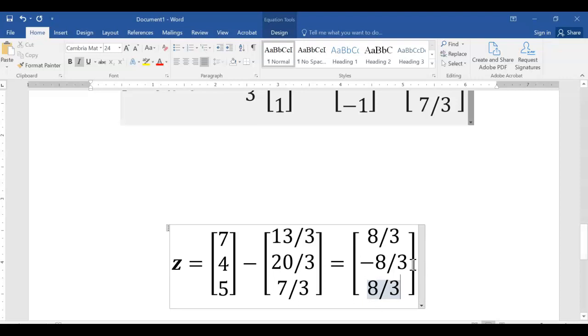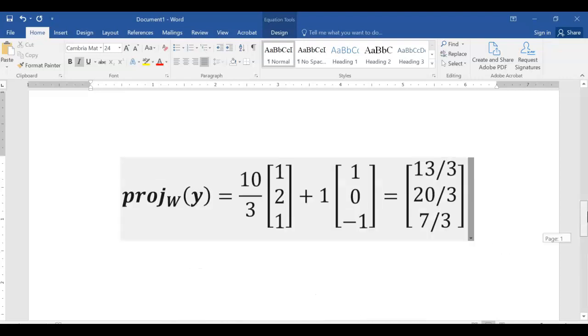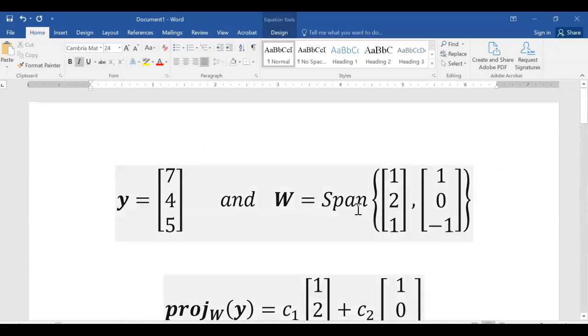Now, this vector, z, is the vector which is orthogonal to my original subspace up here. So if you actually go ahead and do the calculations, you'd see that the inner product of the vector z with 1, 2, 1 would give you 0, and the inner product of vector z with 1, 0, negative 1 would also give you 0.